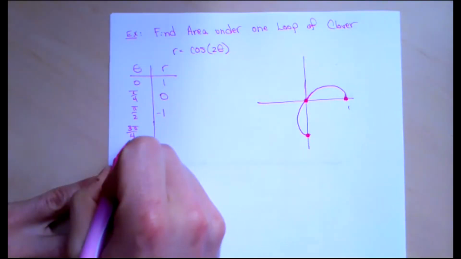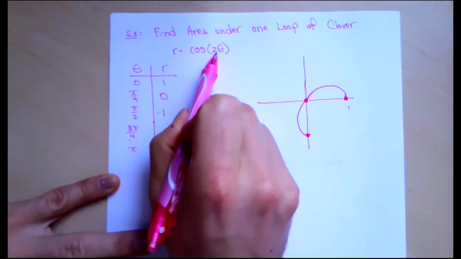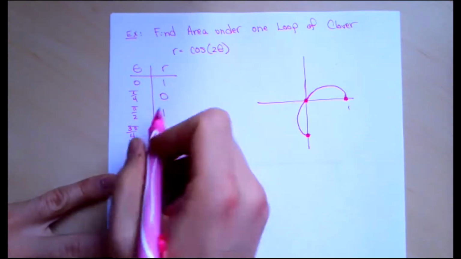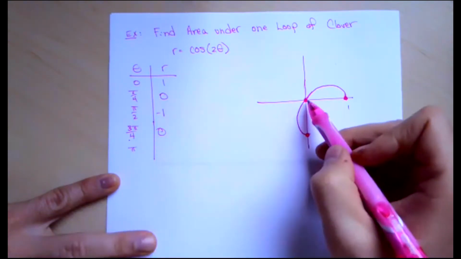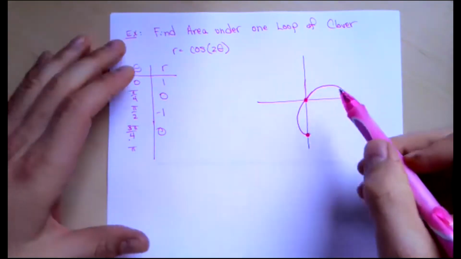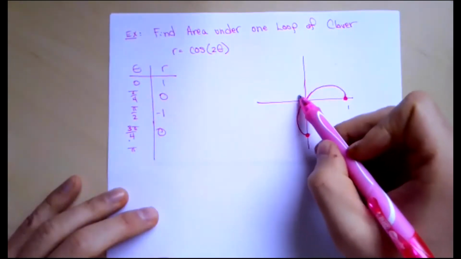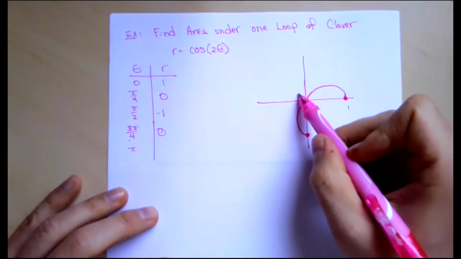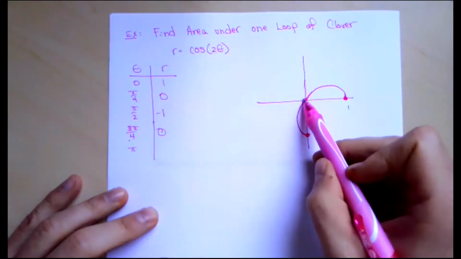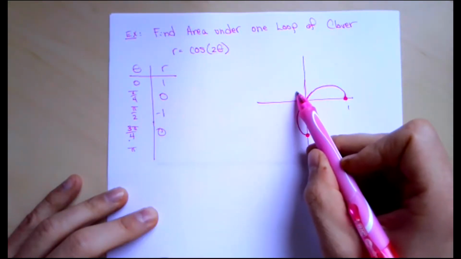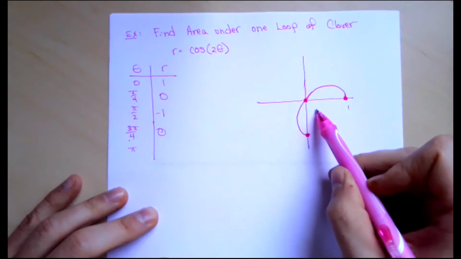What happens when I plug in 3 pi over 4? Because of that 2, it'll make it 3 pi over 2, and I'll go back to 0. So 3 pi over 4 is pointing this way. But the problem is our r is going to be negative. So even though I'm pointing this way, I'm coming in from the negative side.